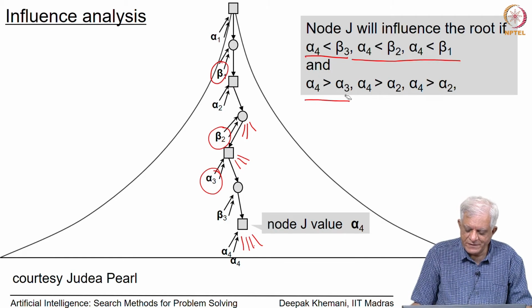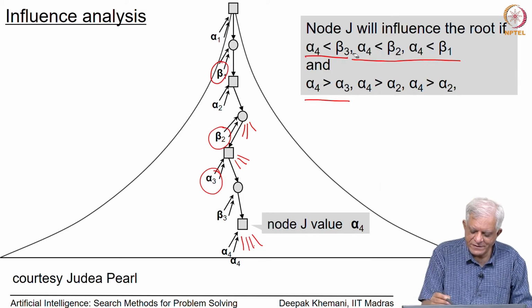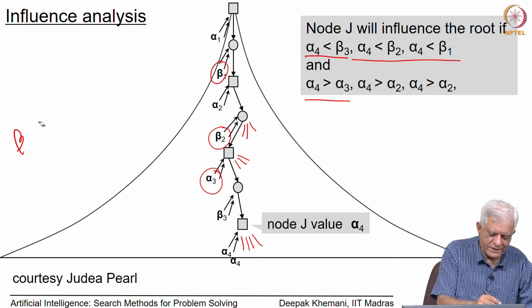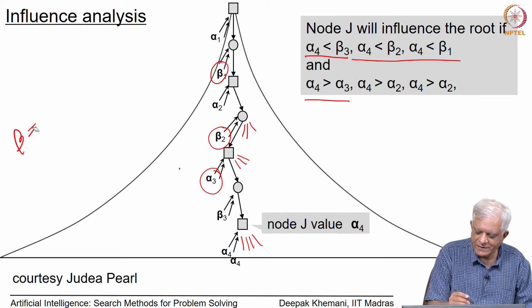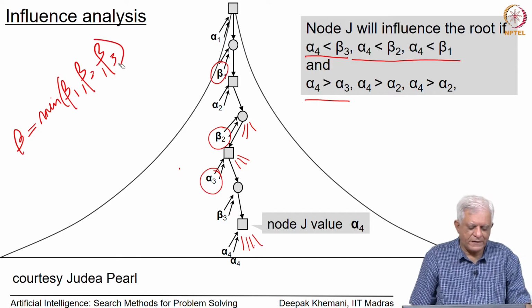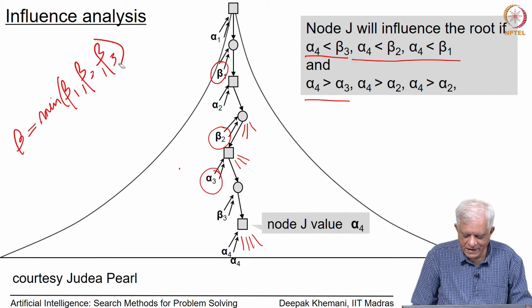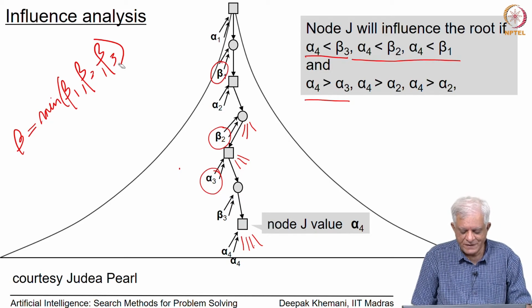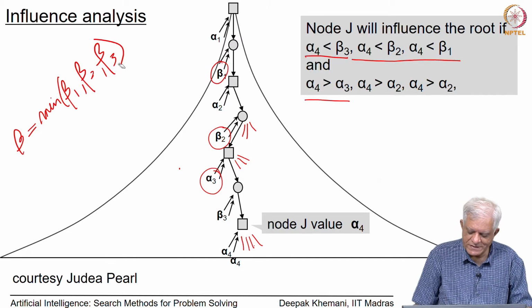So, essentially we can say that we can propagate a beta bound which is the smallest of all the beta values, and only as long as alpha 4, or the value of this node j, is smaller than this beta, should you continue to investigate below node j.